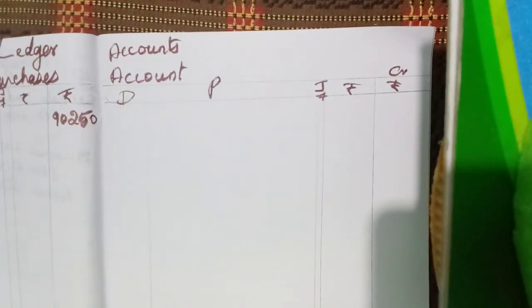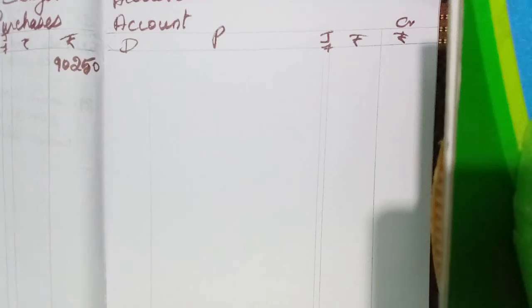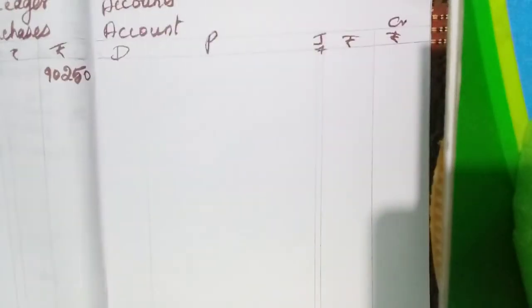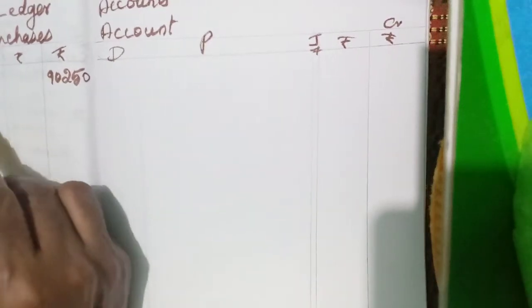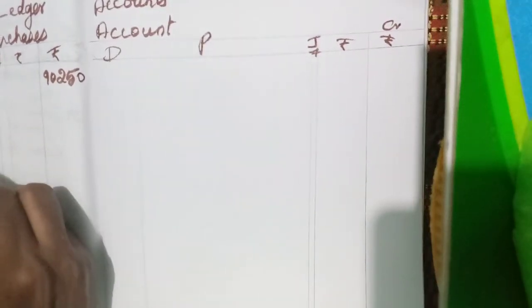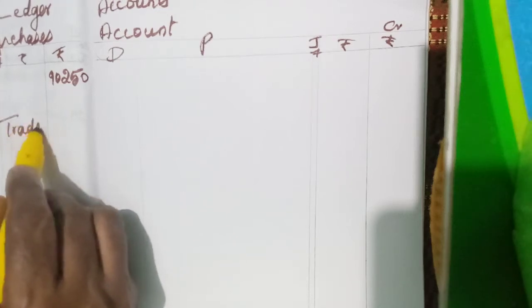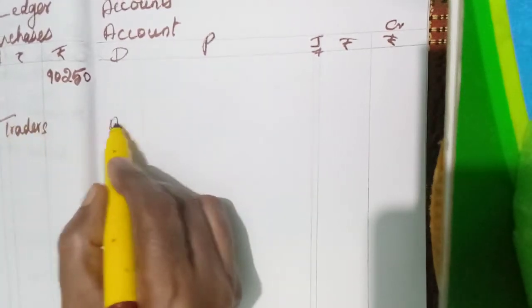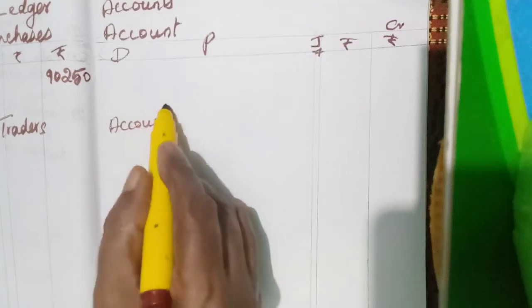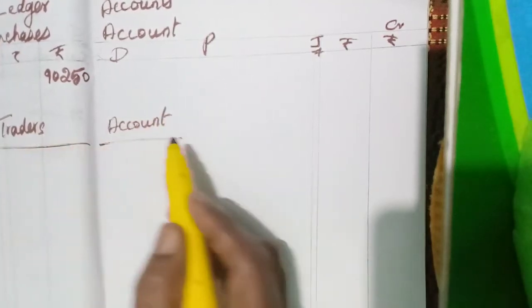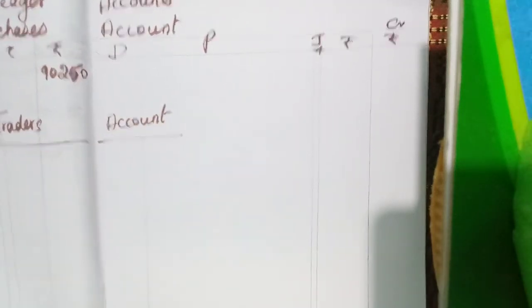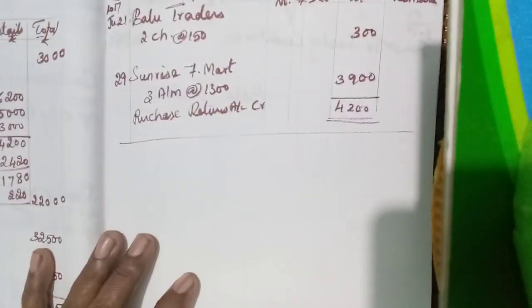Okay, then we will post all the suppliers' accounts. First one, Value Traders account. Okay, everything. Value Traders account 3,000, isn't it?